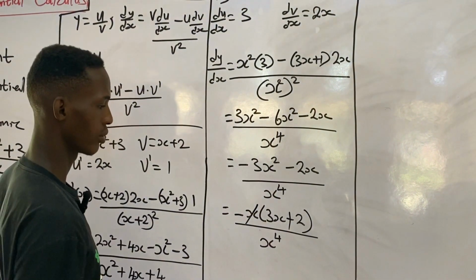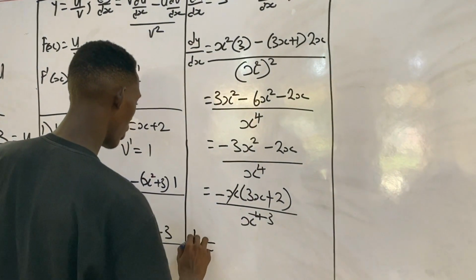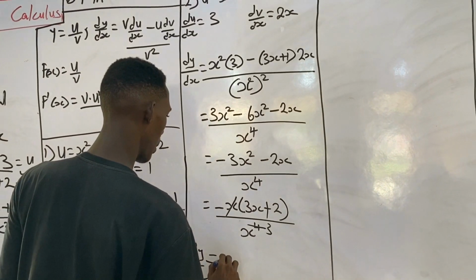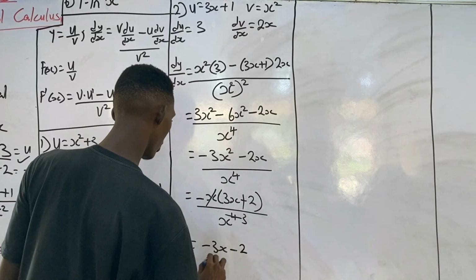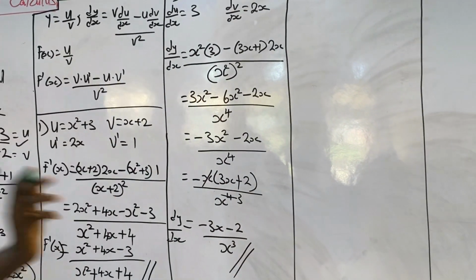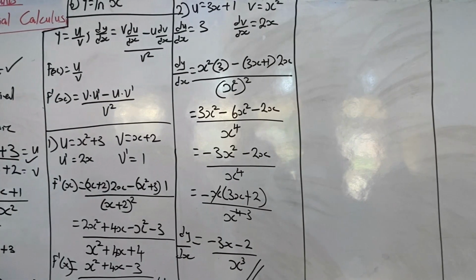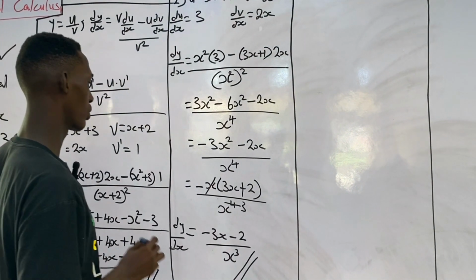So x here cancels. This is x cubed. So you can now see that our dy over dx is equal to minus (3x minus 2) over x to the power of 3. That's all for quotient.